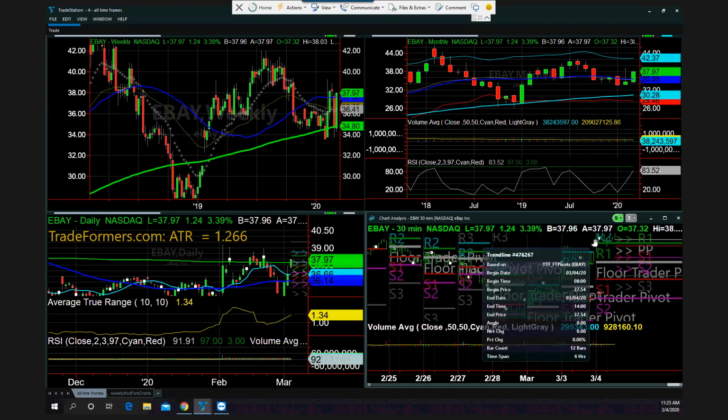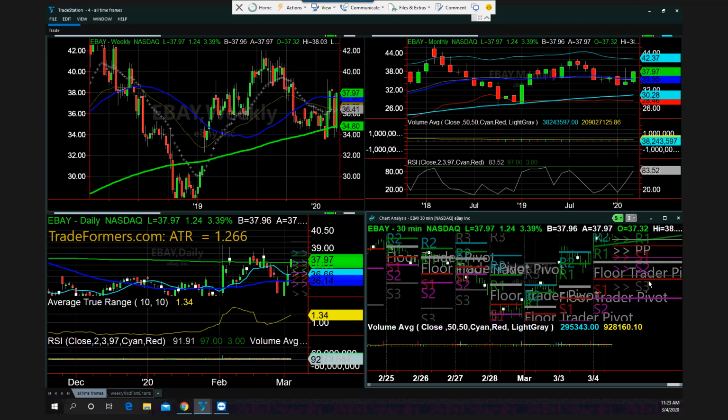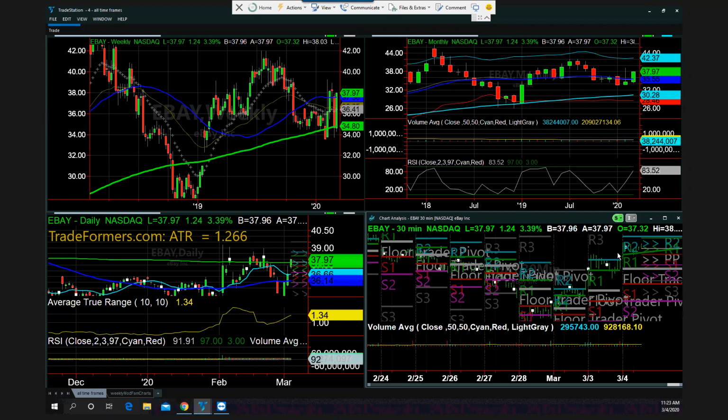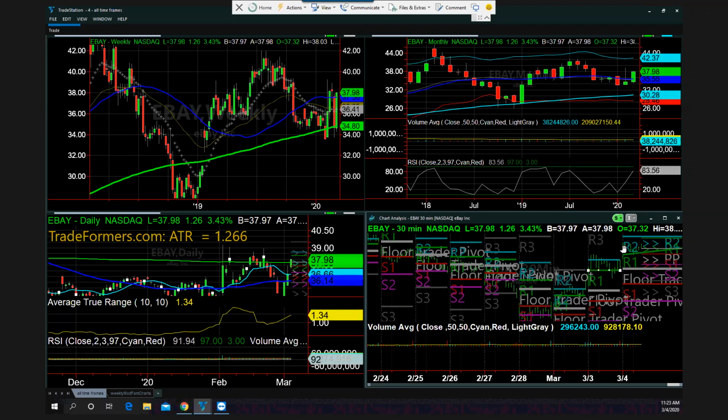The other thing I really look at here is whether or not we took out the high of the first bar, which is your 30-minute opening range bar. And you can see so far it's getting close to it, but it hasn't actually taken it out yet.